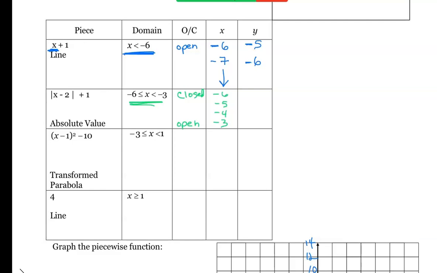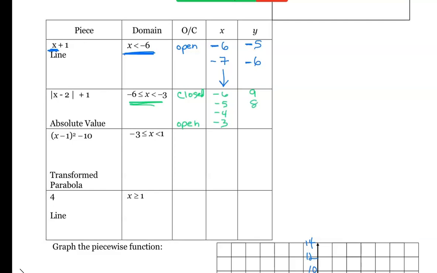Okay, so now to get your y values, you're going to take your -6, plug it in where the x is. That's going to give me -6 minus 2, which is -8. Absolute value of -8 is 8, and 8 plus 1 is 9. Okay, -5 minus 2 is a -7. Absolute value of -7 is 7, and 7 plus 1 is 8.